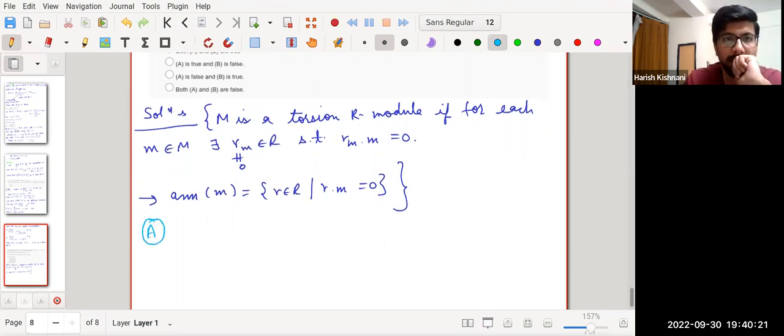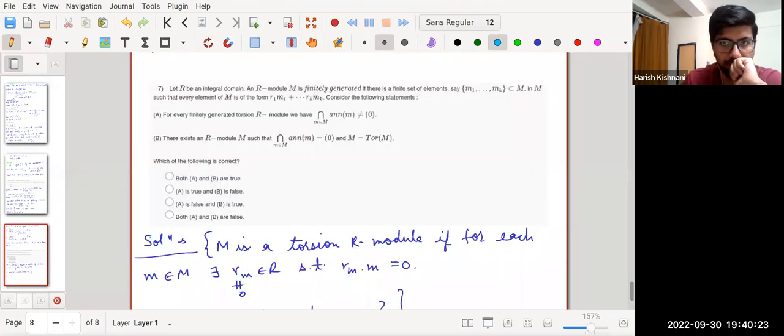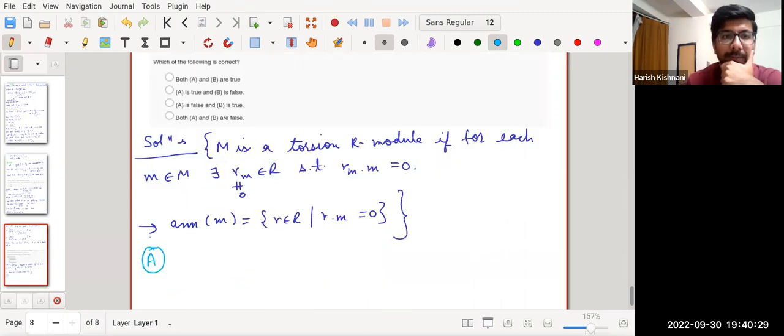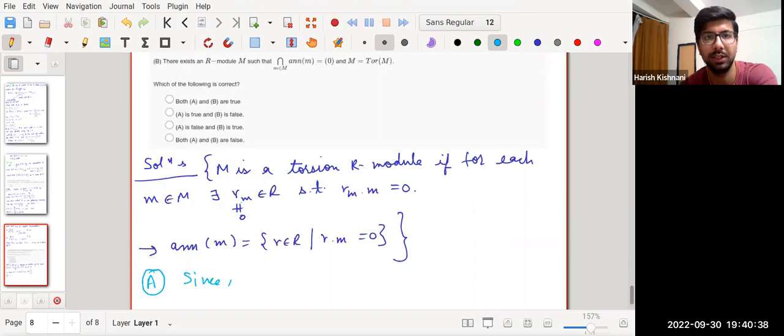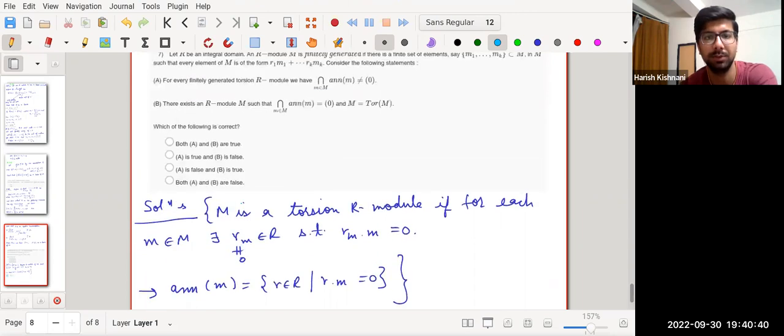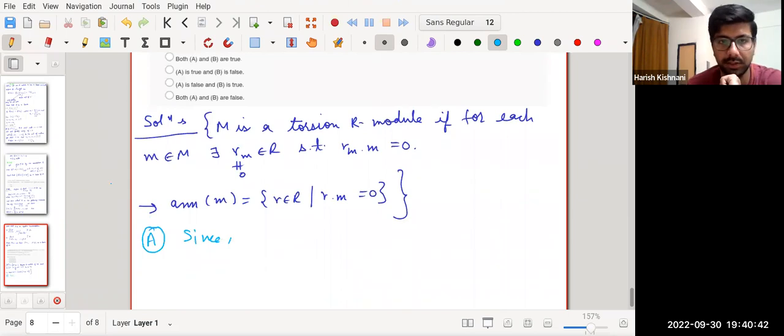So you are given that m1, m2, ..., mk generates M. Okay. Now since M is a torsion module, that you are given, right? In part 1, M is a torsion R module.